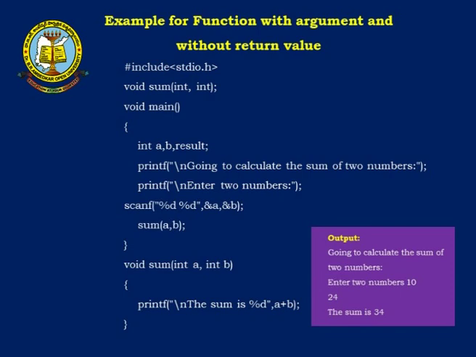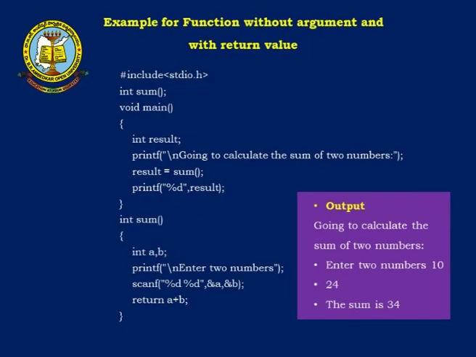So, already we have the values a comma b with us in the main body. So, what are the values will be entered in the a comma b? Those will be passed to the function definition, and those values will be available in the a comma b. With help of those a comma b, what you want to do, what is your main logic, you can write in the sum. So, here just we are printing a comma b.